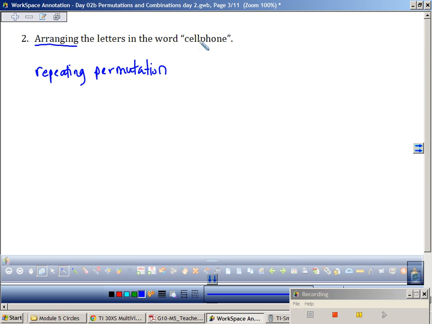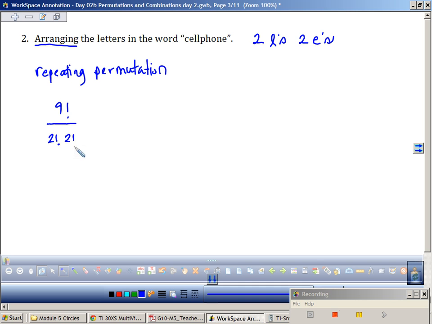We have a double L and two E's, so we have to account for both of those. Let's see how many letters are in cell phone: 1, 2, 3, 4, 5, 6, 7, 8, 9. So 9 factorial, and then I have to put in the denominator 2 factorial, 2 factorial, because I have to account for 2 L's and 2 E's.